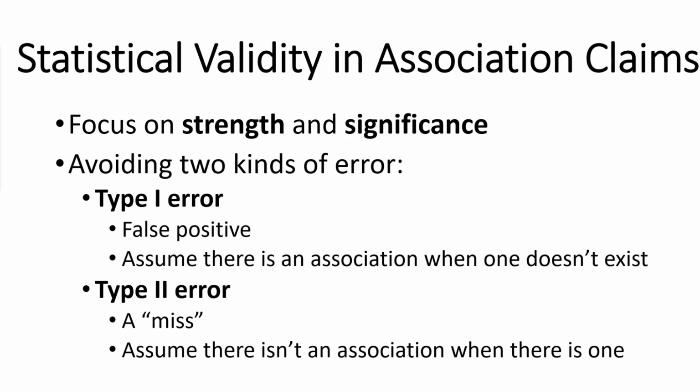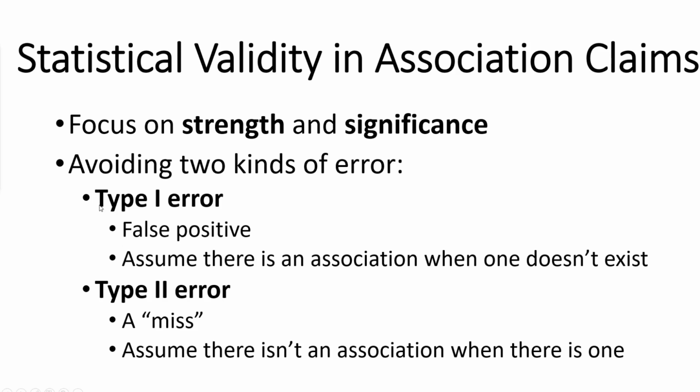But when we're looking at statistical validity in association claims and even into our causal claims, we have to worry about two specific kinds of error. The first kind of error is type 1 error. And this is what would be called a false positive.